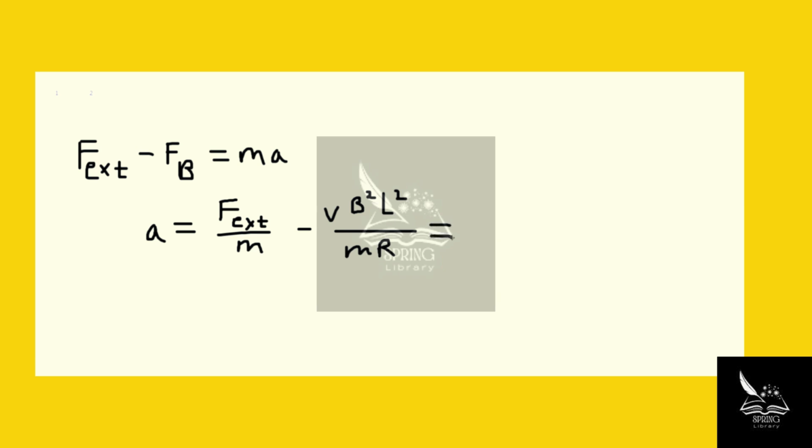Plugging all those values into the equation, we find that the acceleration is equal to 4.14 meters per second squared. We can box that in as our solution for part A.